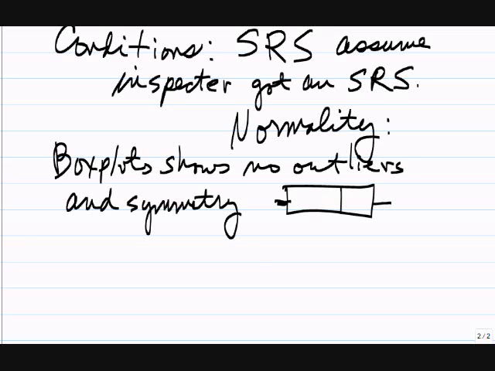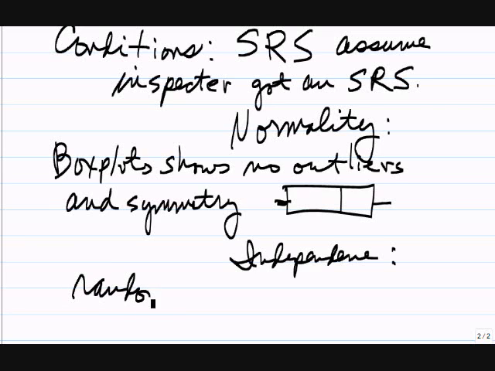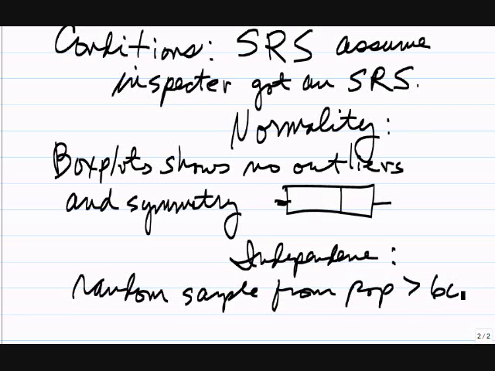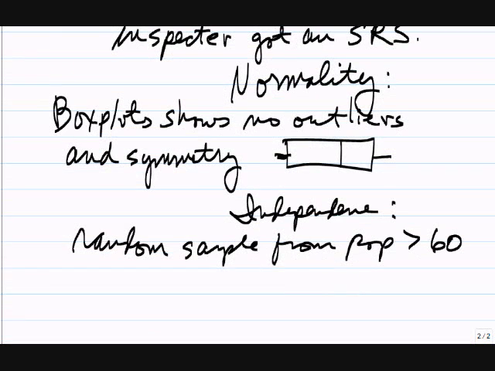Okay, and independence. This 6 bottles is coming from a very large population. So we can say that we have a random sample from a population greater than 60, which is 10 times 6. I would bet they made more than 60 of these colas.